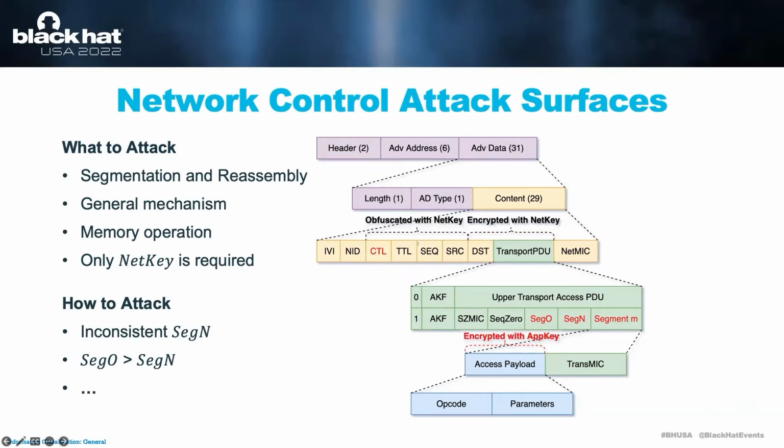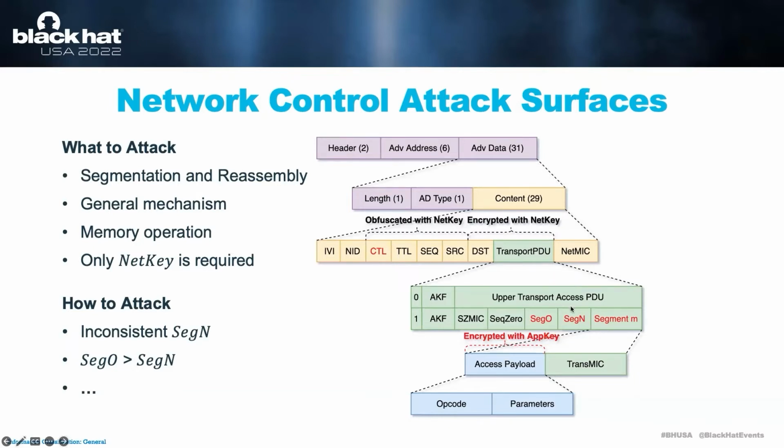Okay, next, let's see the attack surfaces of the network control stage. Similar to the network build stage, we found that the segmentation and reassembly mechanism is an ideal attack target in the network control stage. In addition to the reasons that it is a general mechanism and involves memory operations, it is also because the segmentation and reassembly occur in the lower transport layer, so that only the NetKey is required, not the AppKey.